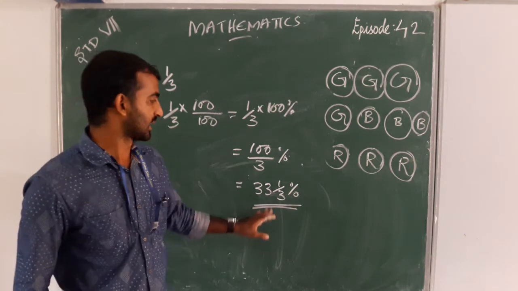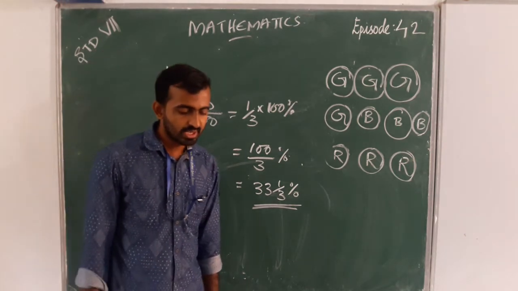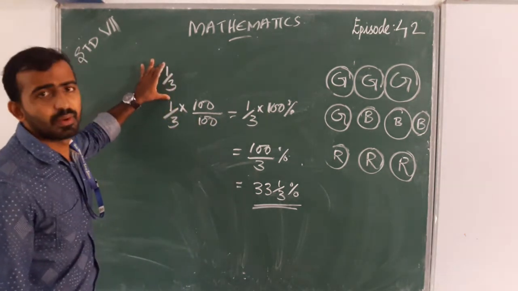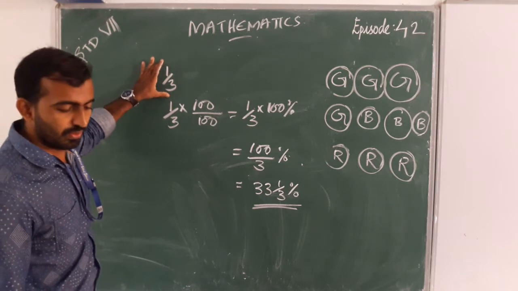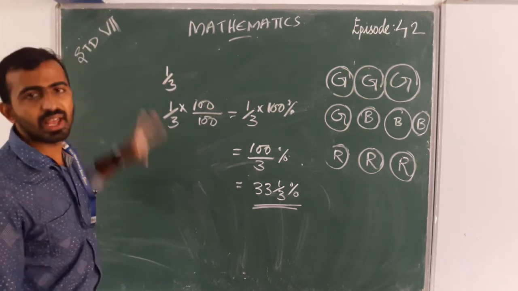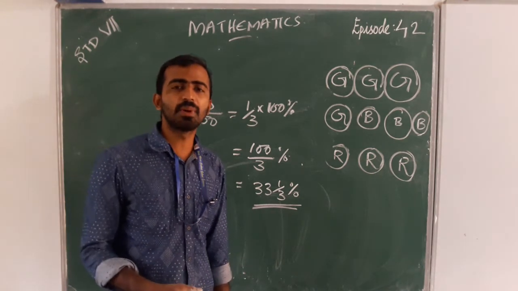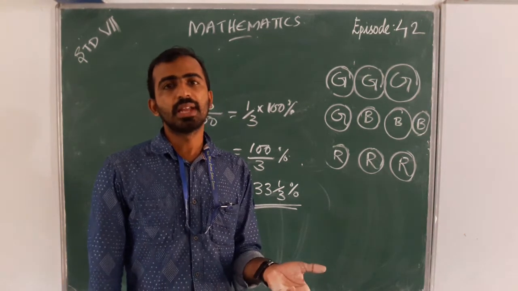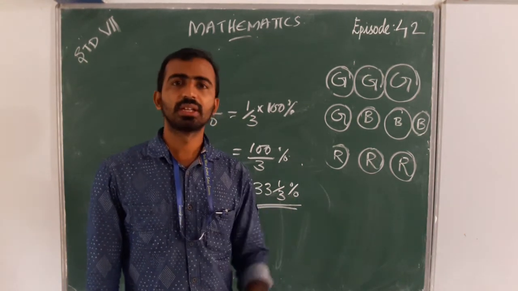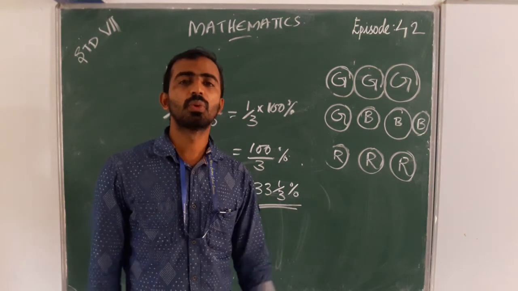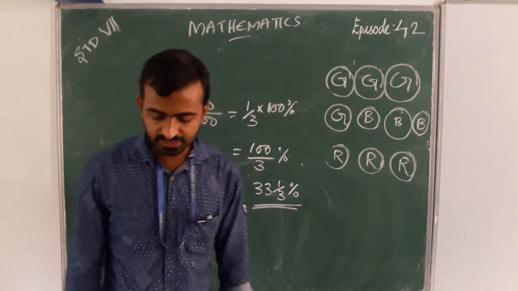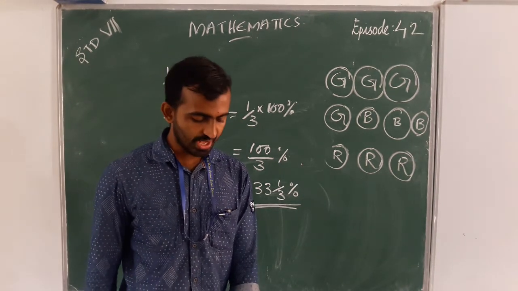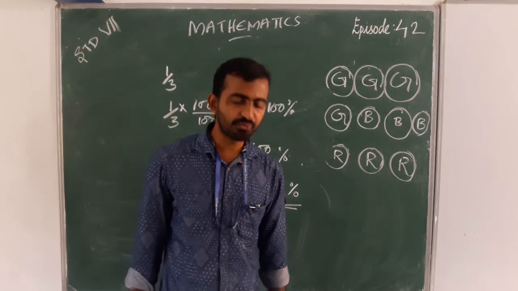Is it? Yes. And next is another example. Here the fractional number is given directly. Sometimes we want to find the fraction first, and next convert the fractional number to percentage. For example, out of 25 children in a class, 15 are girls. What is the percentage of girls?